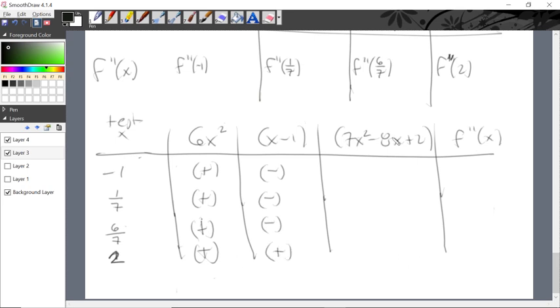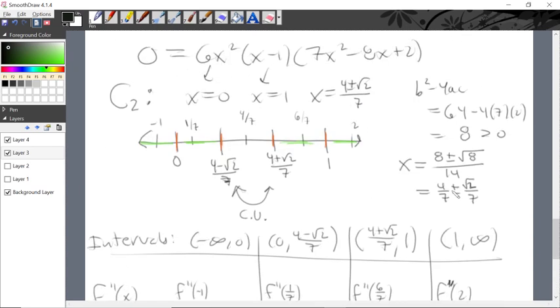How about 7x squared minus 8x plus 2? And here's what I'm going to do. This is a quadratic, and a quadratic has the shape of a parabola. The leading coefficient is positive, so we know that it's shaped up like this. We also know what the intercepts are. Those would be the x-intercepts, found by using the quadratic formula, and we have those here.